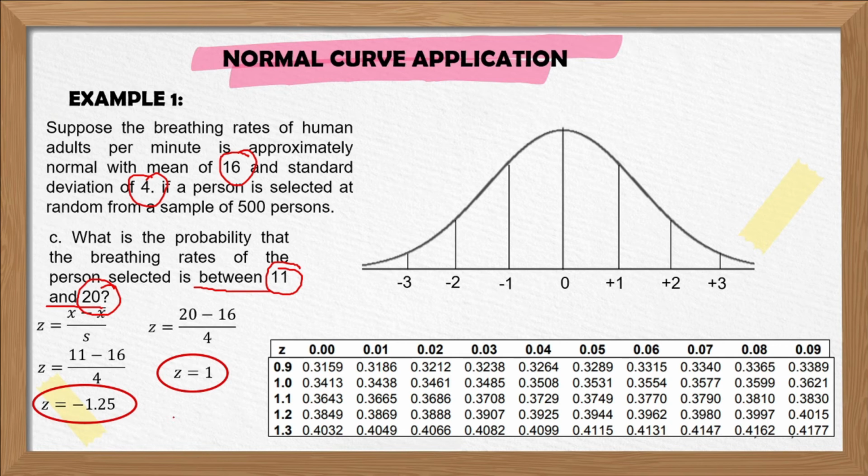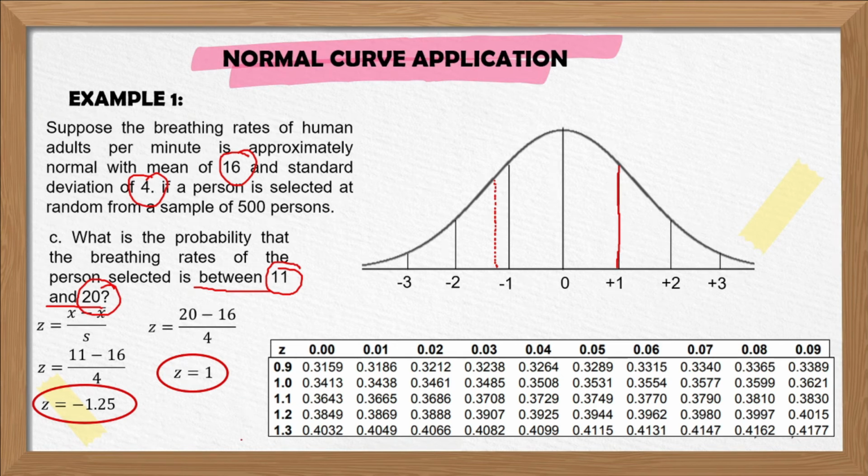So locate natin yung negative 1.25 at positive 1. So negative 1.25. So dito natin siya makikita. This is only an estimation, no? And positive 1. So ito mismo. Okay. So let us find the area of negative 1.25. So negative 1.25, since it is negative, we need to find the absolute value of negative 1.25. So the absolute value of negative 1.25 is positive 1.25.